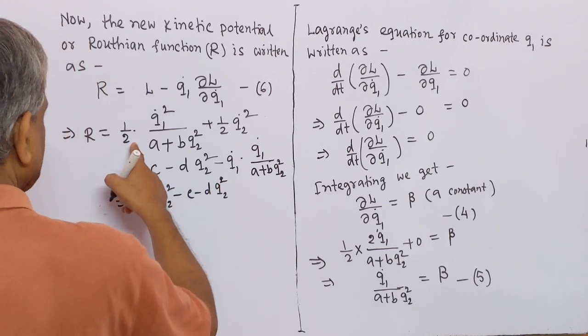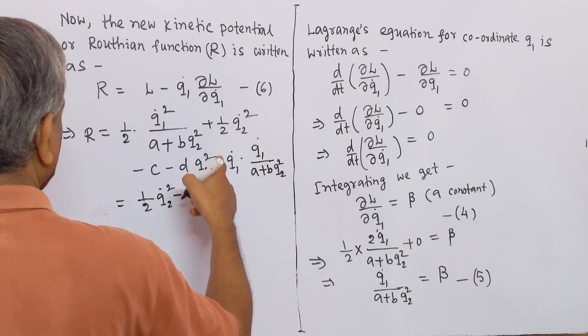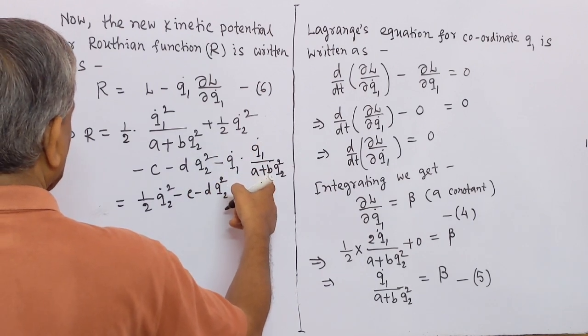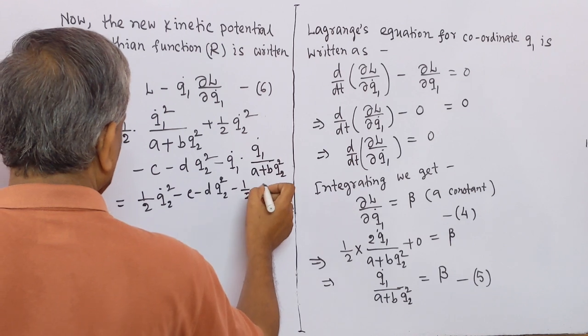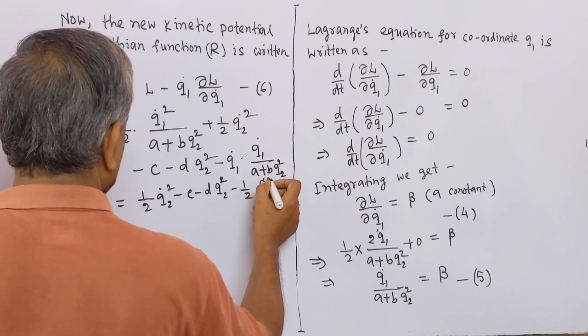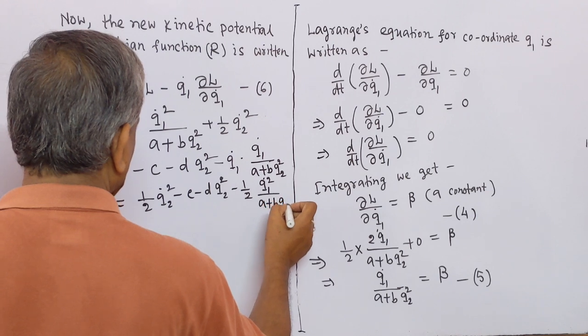Half plus half and the same thing here, so there will be minus half Q1 dot square by (A plus B Q2 square).